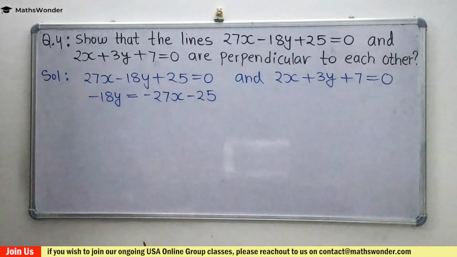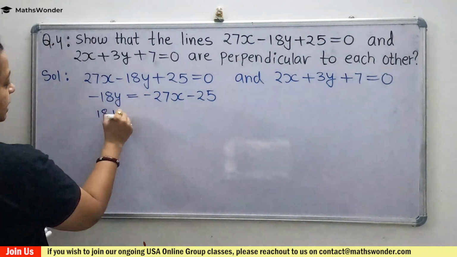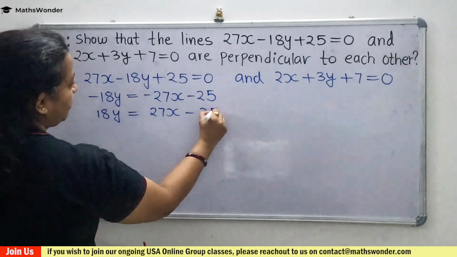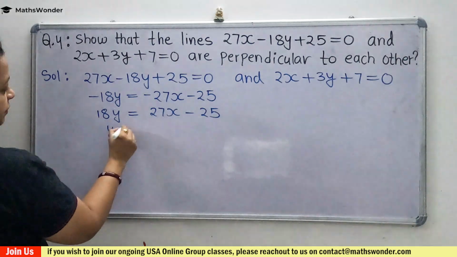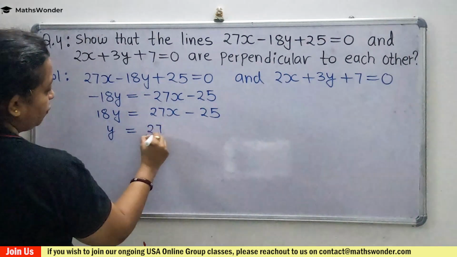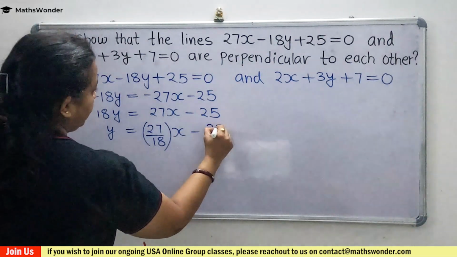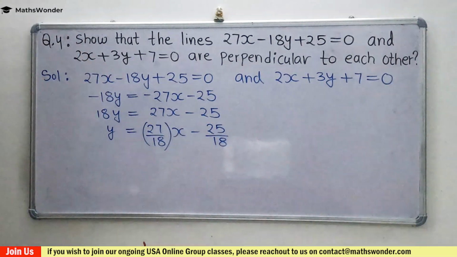Because the negative sign is on both sides, we can remove it directly. So I am removing it. So 18y is equal to 27x minus 25. Now we need to remove 18 along with y, so we will write 27 over 18 x minus 25 over 18. Now we'll check, can we reduce something?